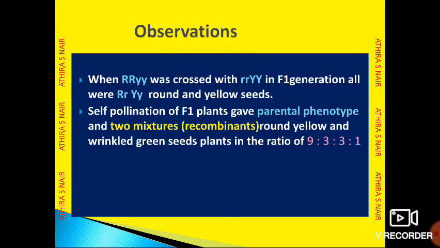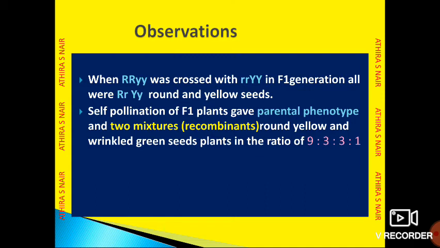When capital R small y was crossed with small r capital Y, in the F1 generation all were capital R small r, capital Y small y, that is, round yellow seeded plants.